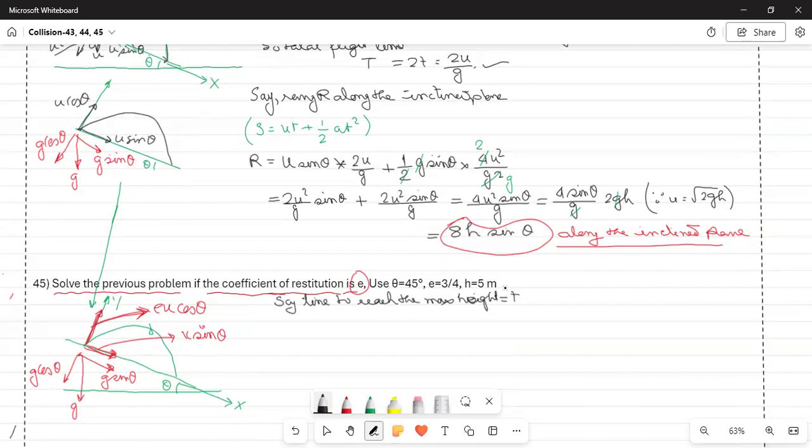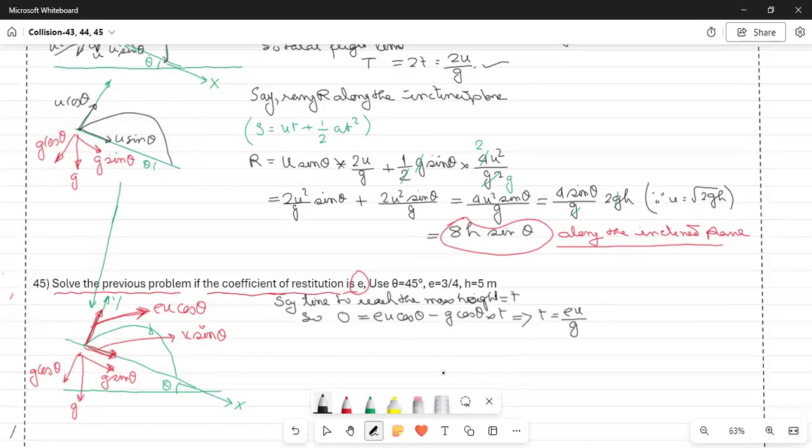Then we simply apply the kinematic equation. Final velocity 0 is equal to initial velocity e u cos theta minus, instead of g, g cos theta into time t. From here we get time t is equal to e u by g.